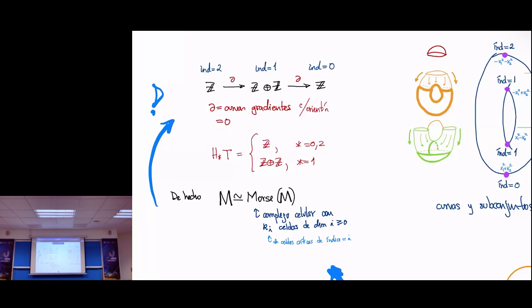So in our case, we have a critical point of index 0, 2 points of index 1, and a point of index 2, which means that in that case we have the standard construction of the torus, namely a point, then a figure 8 made of two 1-cells, and then a single 2-cell.